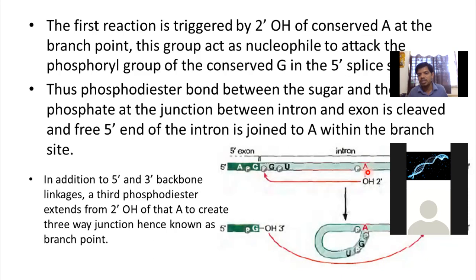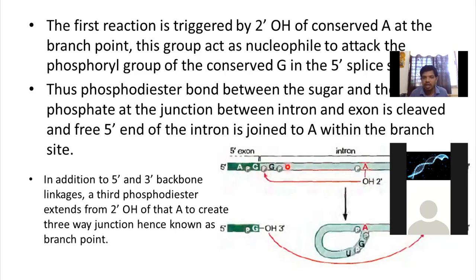Adenine will always be present in that branch point because this is a conserved sequence. The 2' OH of this adenine will attack the conserved guanine present in the 5' splice site. We know that in between, there are uracil, guanine, and adenine, and these bases are joined by phosphodiester linkages.